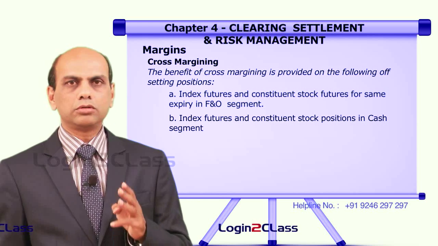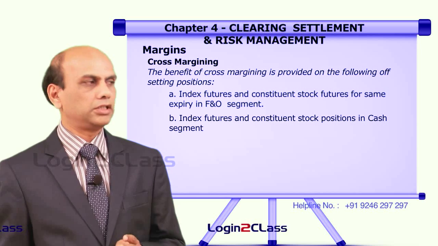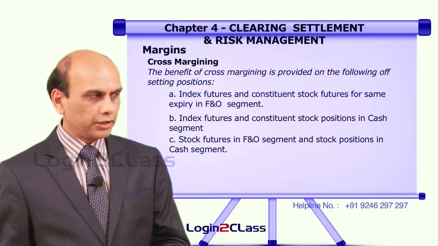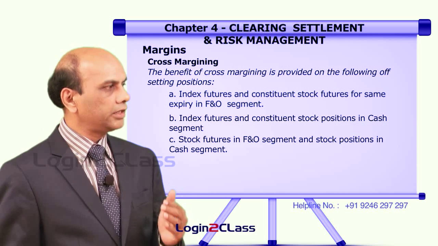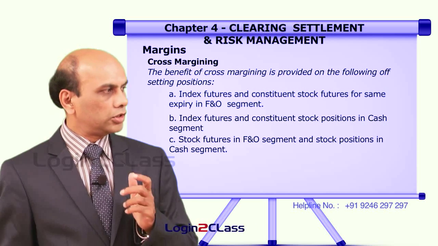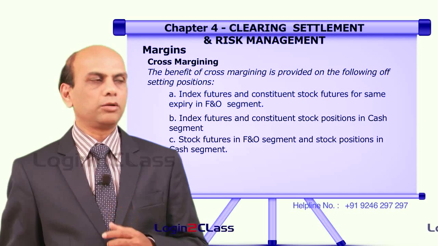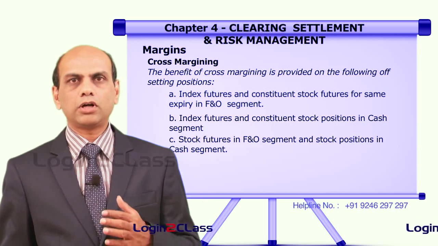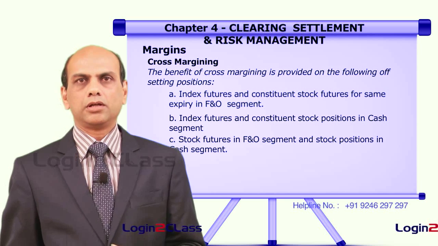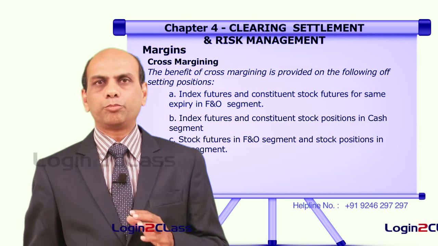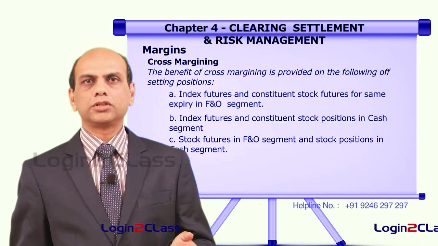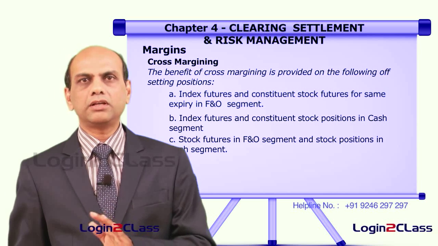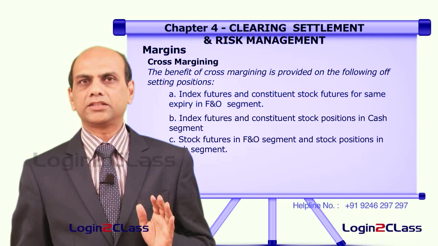Now, coming to the third category for cross margining: taking a position in stock futures in the F&O segment and taking positions in the stocks in the cash segment. Let us consider BPCL. What are we doing in BPCL? We are just replacing the positions from index futures to the stock and the stock futures only. So here we are not taking into account the index futures.